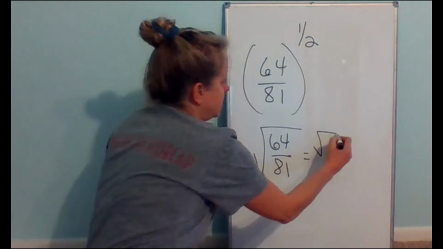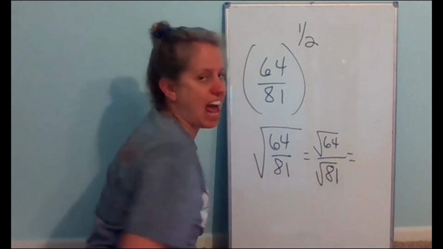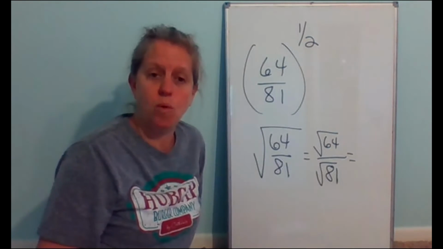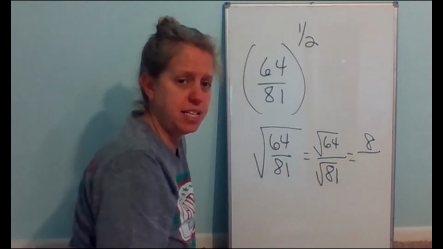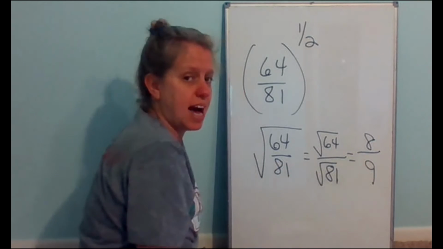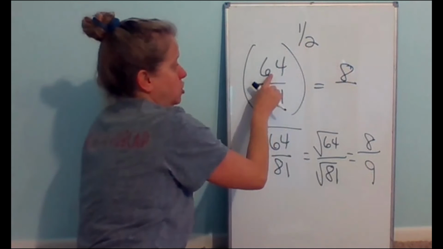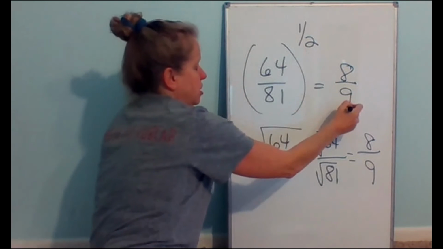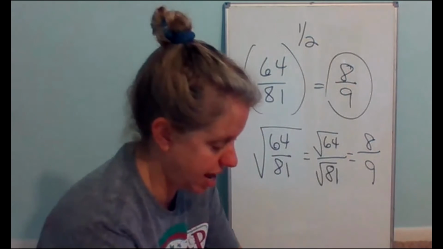This is the same thing as saying the square root of 64 over the square root of 81. They're both perfect squares. Just take the square root of each one of them. So what is the square root of 64? 8. And what is the square root of 81? 9. So that's the same thing as raising it to the 1/2 power. That means take the square root of 64, which gives me 8, and take the square root of 81, which is 9. Okay?